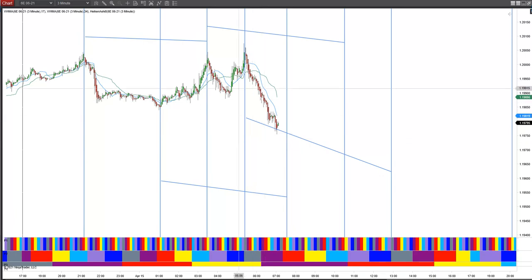The next pivot I used was the one that was projected from the earlier high. This made a slightly higher high.